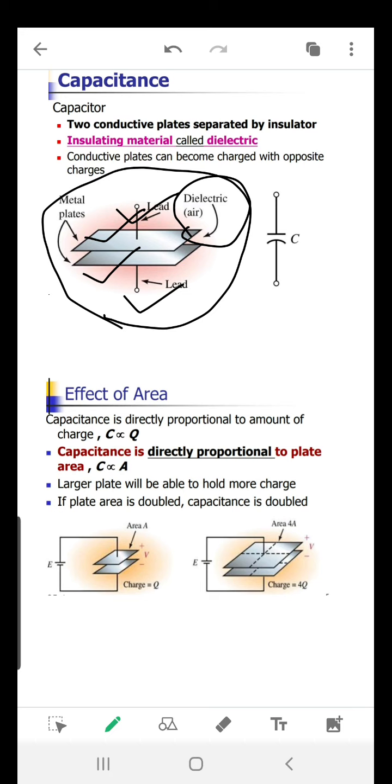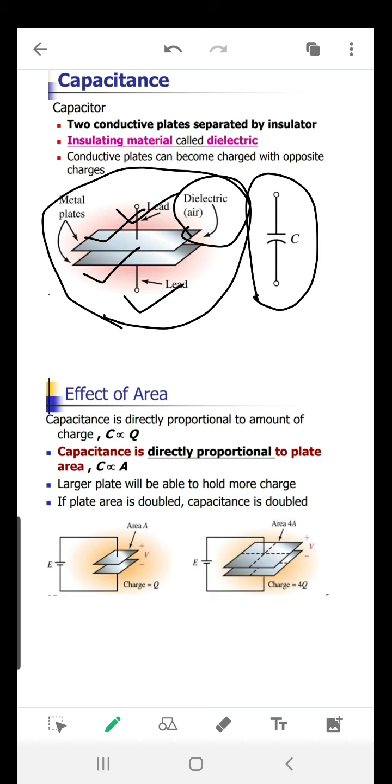Two metal plates are there, which is a conducting material, and in between dielectric material is there. Other than the air, other dielectric material is also there. In the next slides we will know what are the other dielectric materials. So this is a basic representation of a capacitor in a circuit.